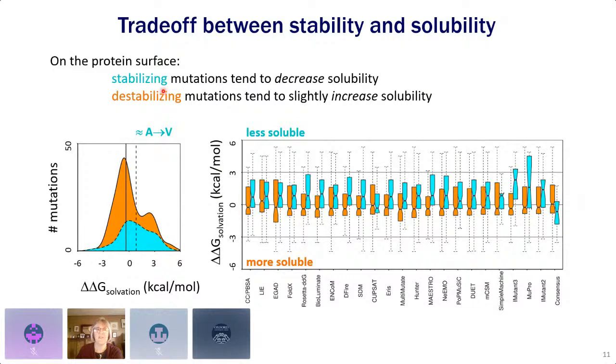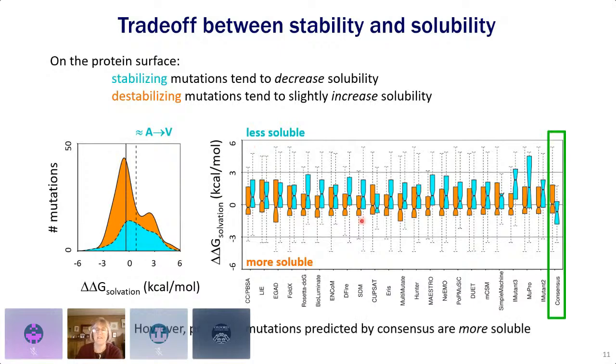In other words, the stabilizing mutations are generally less soluble. So, less soluble is a bit of a surprise. One thing to note again is that the exception here was consensus design again. So here, the ones that were more stable were also more soluble.